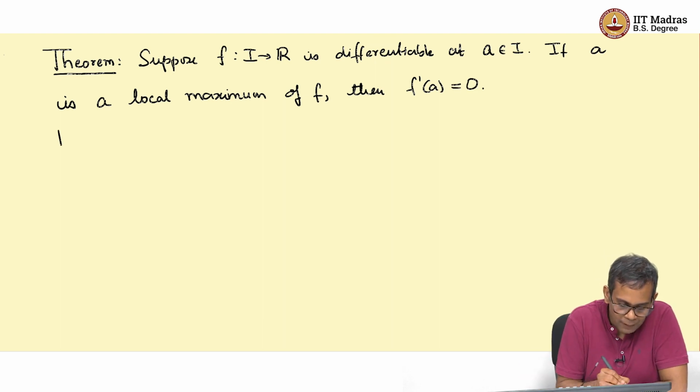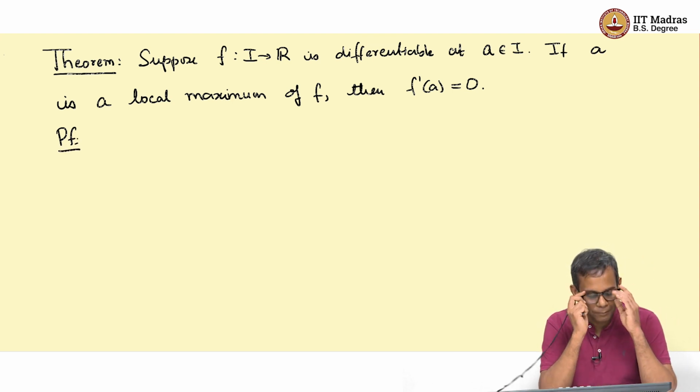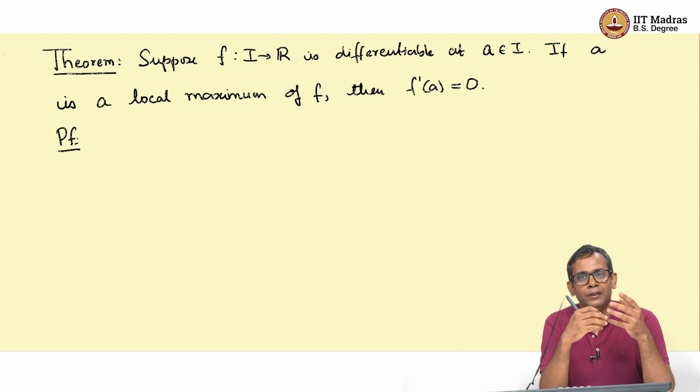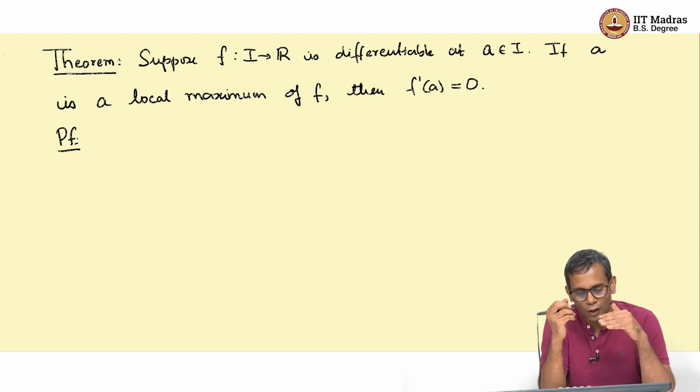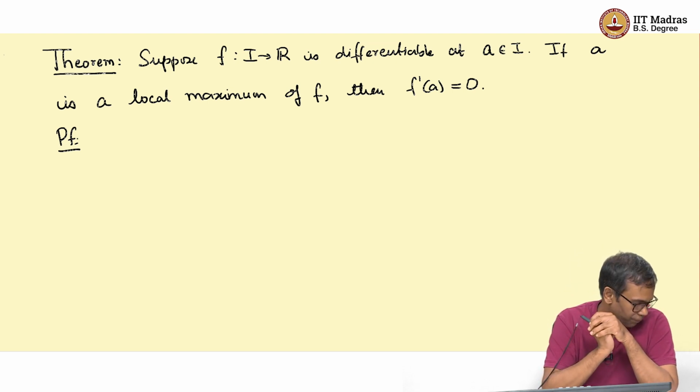The proof sort of puts into practice the intuition that I tried to give you earlier, that the derivative cannot be positive, the derivative cannot be negative, and so it has to be 0.